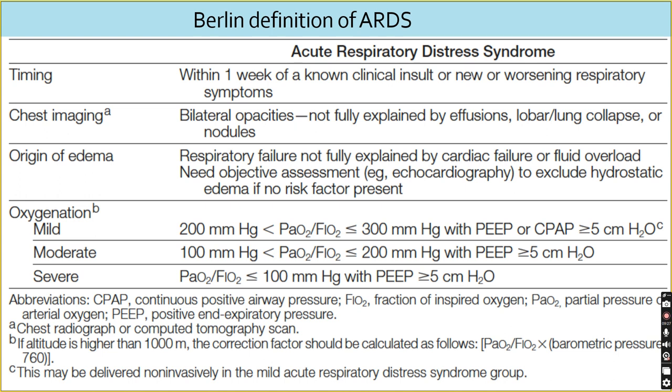As most of these patients are put on NIV or intubation, this new Berlin criteria included PEEP in the PaO2 to FiO2 ratio, and now this definition is widely accepted.